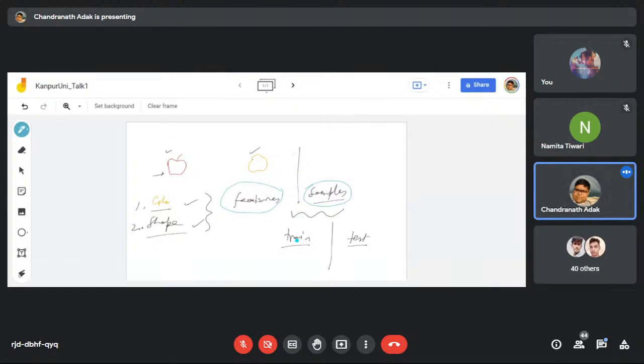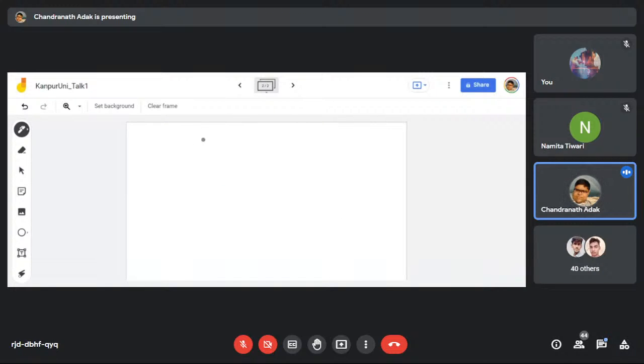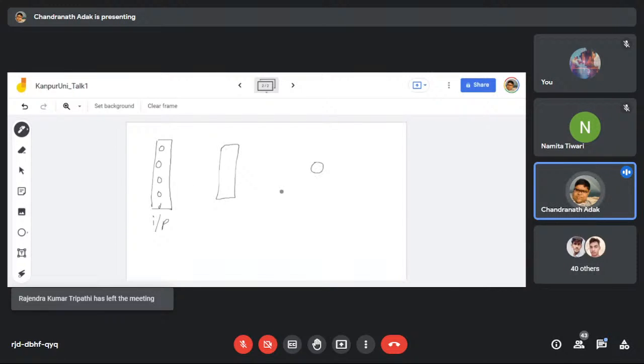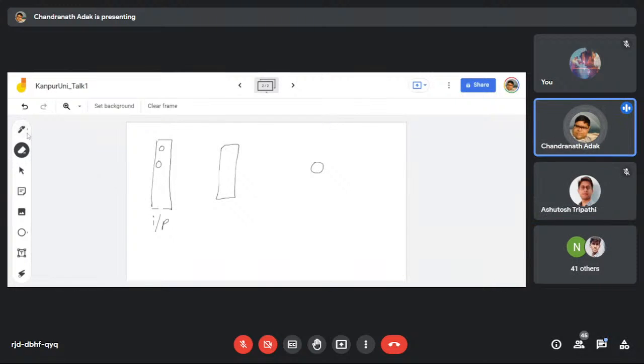or before proceeding to that, a very brief look at the neural network. In a neural network, we have a few layers. Suppose one is the input layer, and this one is the output layer. In the example we took, we had only two features: one is shape and another one is color.